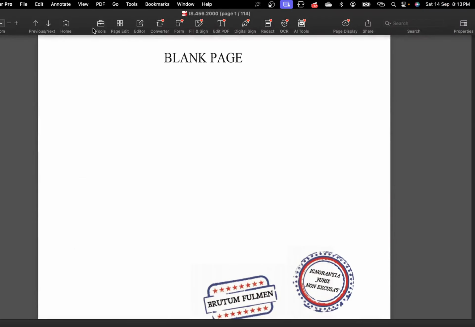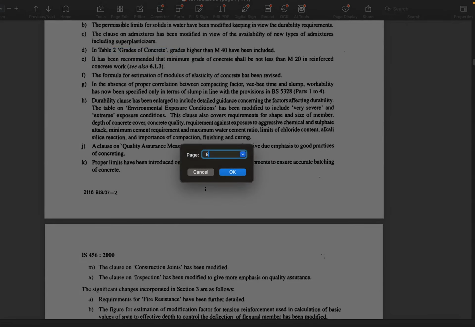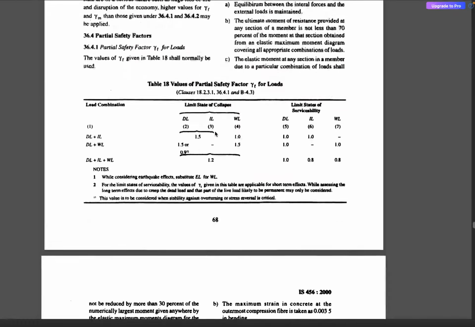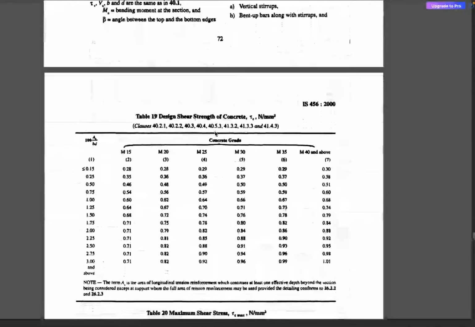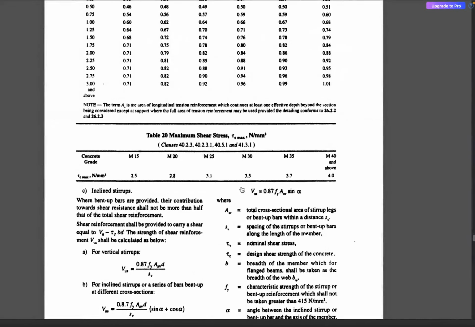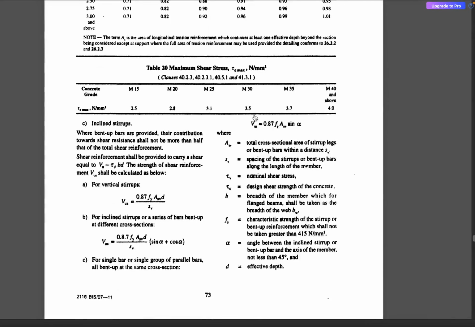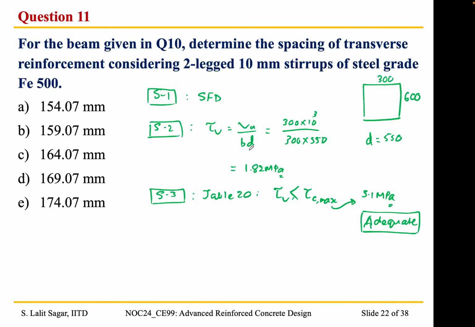What is the page number? Okay, so yeah, we have for M30 concrete it is 3.5. Yeah, thanks for your input. So for M30 it is 3.5 MPa.